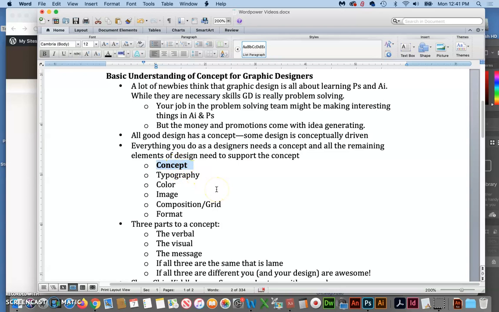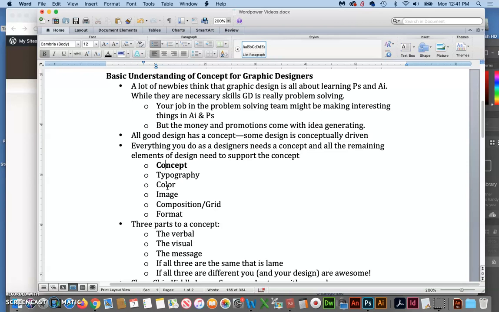You wouldn't come up with an idea that's getting something old-fashioned feeling across and then use a sans serif typeface, or the opposite. You wouldn't come up with a concept that's really wild and young and energetic and then come up with a real conservative, muted analogous color palette.